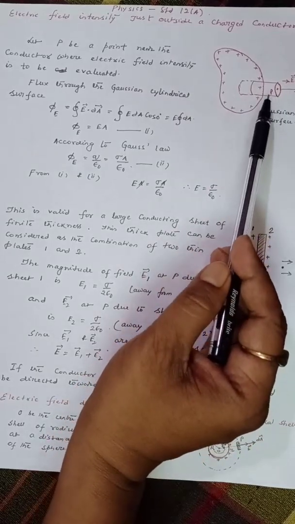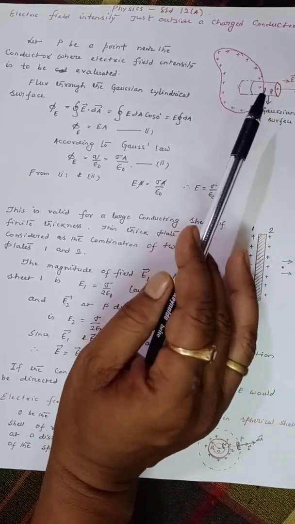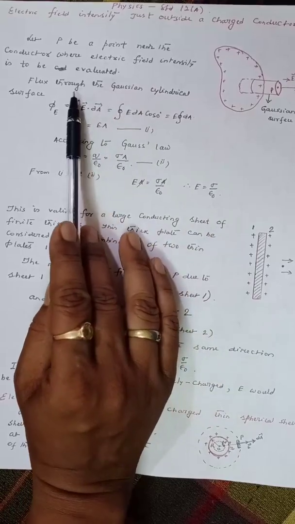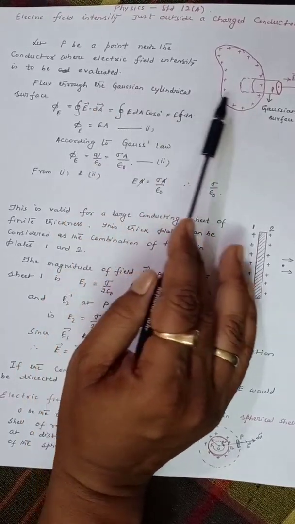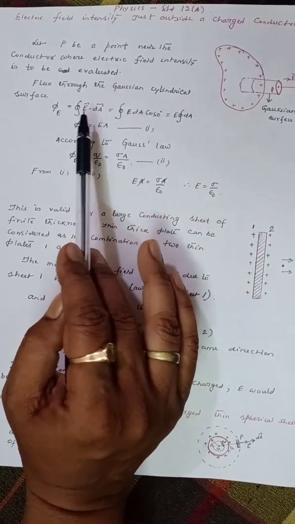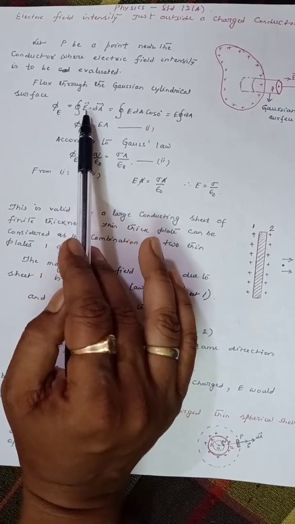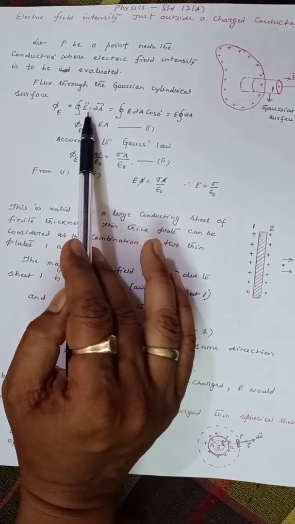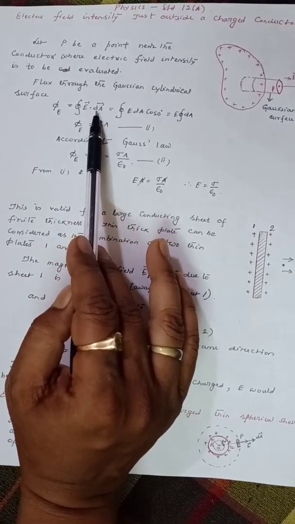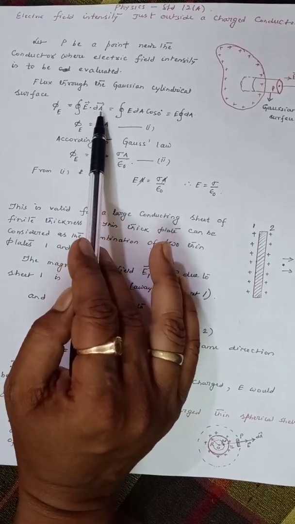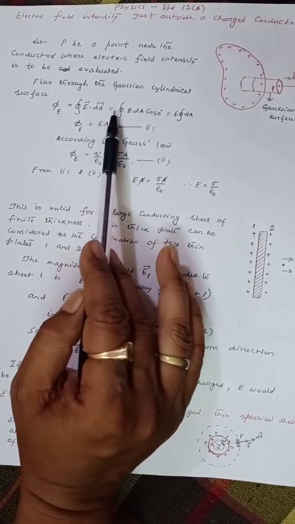We have already discussed the properties of Gaussian surface. So the flux through the Gaussian cylindrical surface, phi E, is the surface integral of E dot dA. E is the intensity and dA is the area vector.